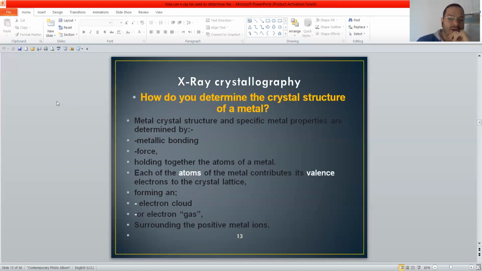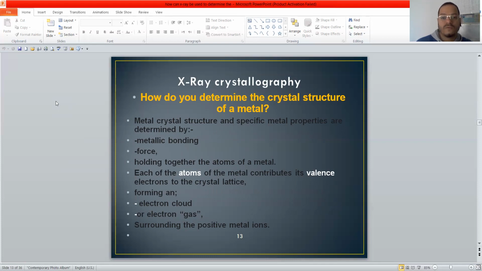How do you determine the crystal structure of a metal? Metal crystal structure and specific metal properties are determined by metallic bonding and the force holding together the atoms of metals.